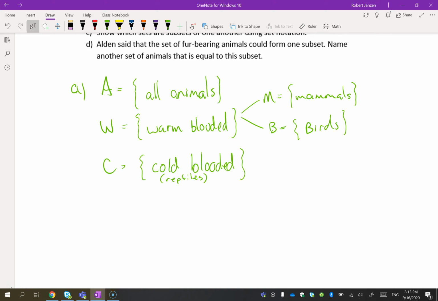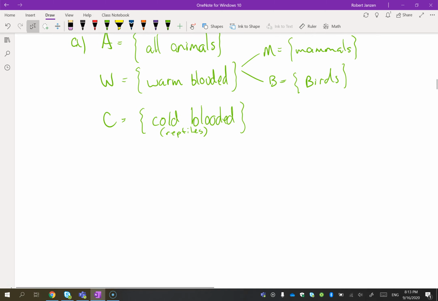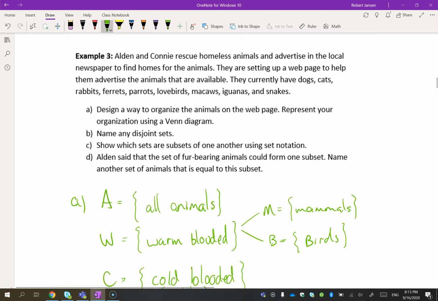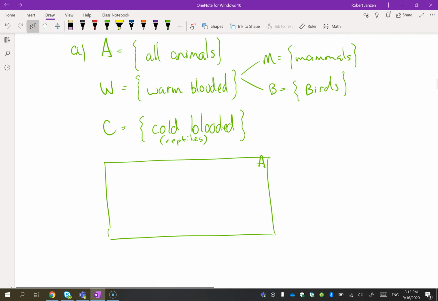So let's see if we can put this into a Venn diagram. Our set here is all animals. How many animals were there? We don't know. It doesn't tell us how many there are. But in the set of animals, we have two subsets.